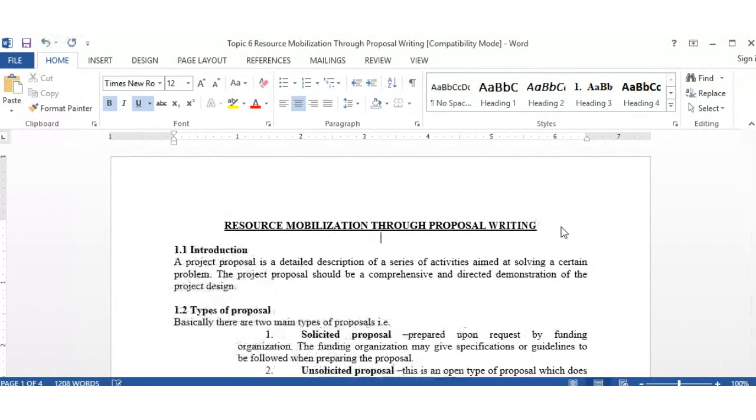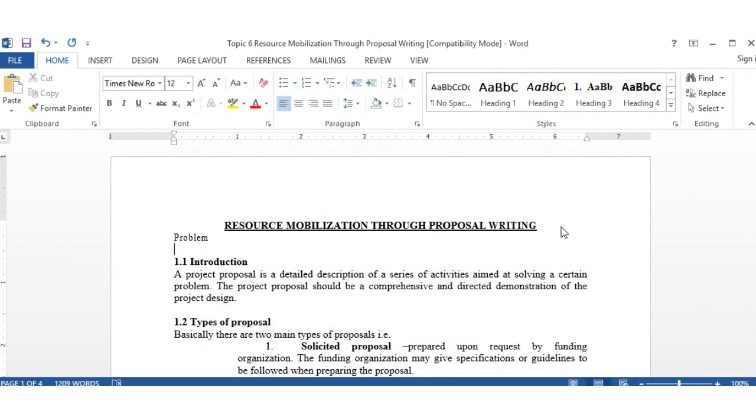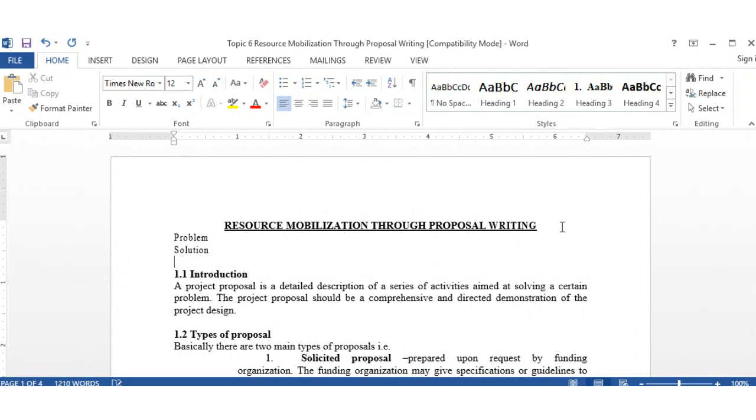I remember mentioning in topic 1, if you have listened to that audio, that when you're writing a proposal, you need to entirely identify the problem. You need to identify the solution that you have. You need to identify the partners that you have.